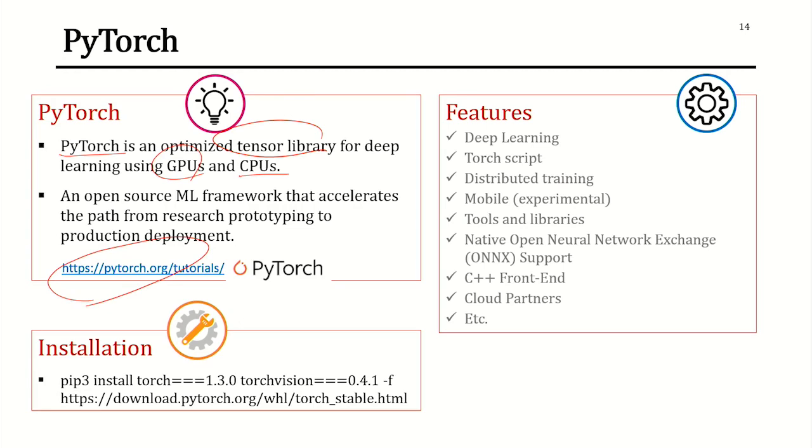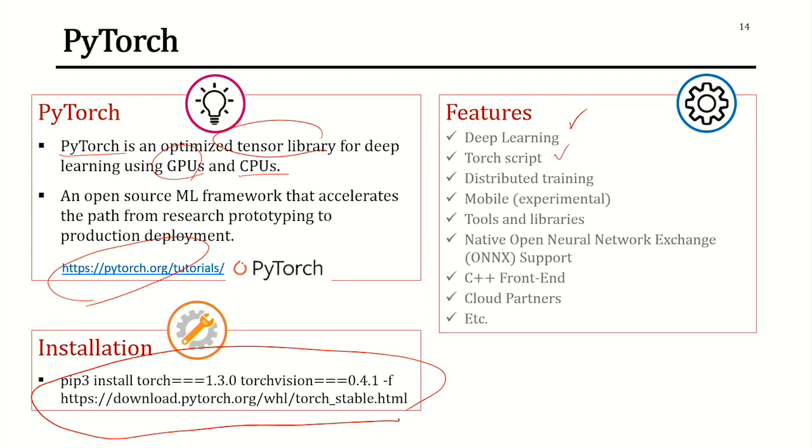And to install PyTorch, we may need to select a specific version. For example, this is the current latest version of PyTorch that can be installed using this command. As for features supported by the PyTorch library, we can perform deep learning.